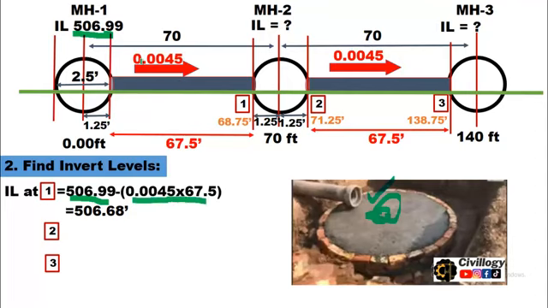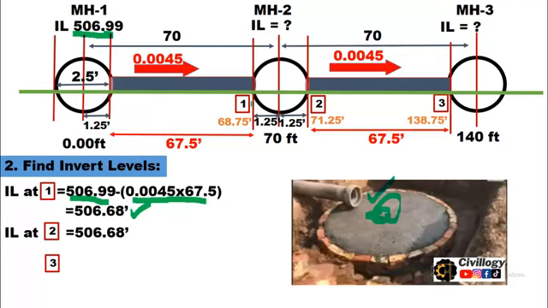As you can see over here, the slope is 0.0045 and the distance is 67.5. You will get 506.68. So this is the invert level of the second manhole.